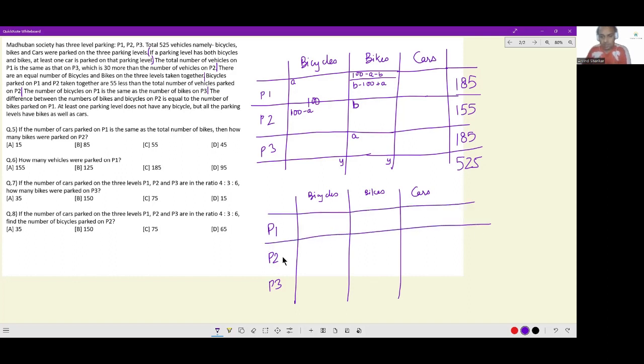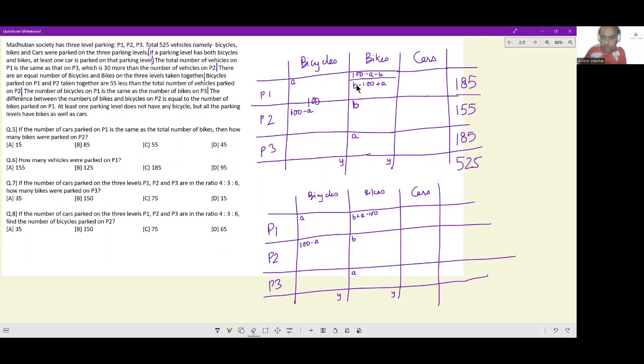All the information that is guaranteed will be copied as is. Only the final expression for bikes on P1 needs to be edited. So this is A, this is 100 minus A, this is Y, this is Y, this is A, this is B, this is B plus A minus 100.